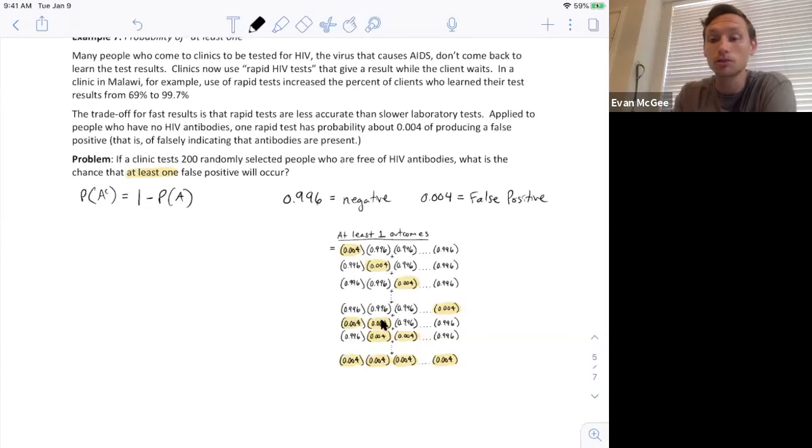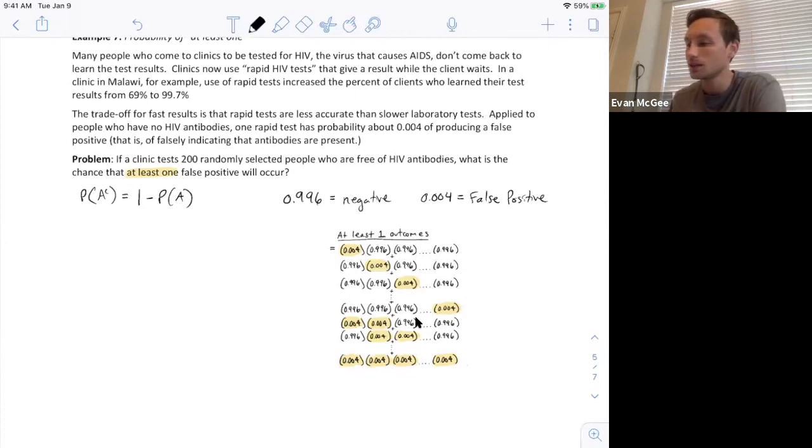So it could be the first two or the second and third. And we can continue this until, think about, all people get a false positive. That could satisfy at least one getting a false positive. So what we'd have to do if we don't use the complement rule is write out all of these options and add all of them together, which would take forever.